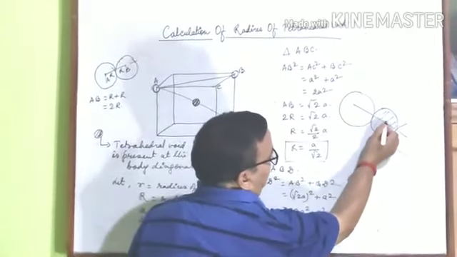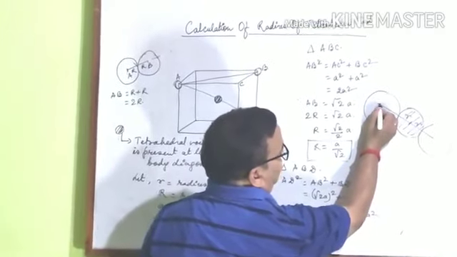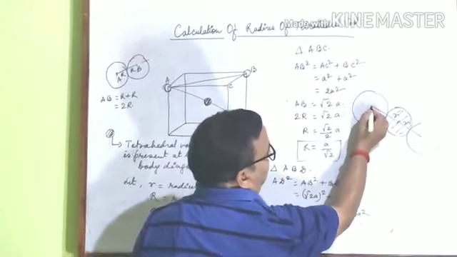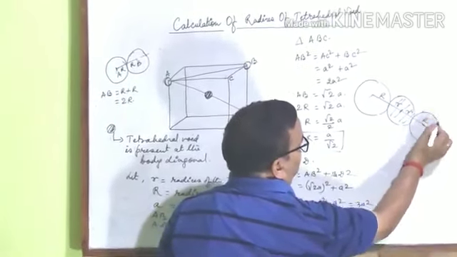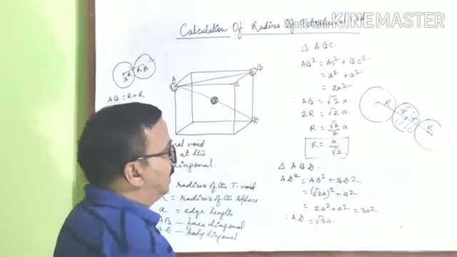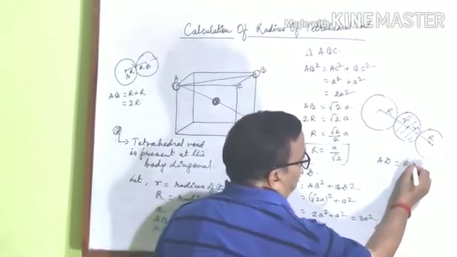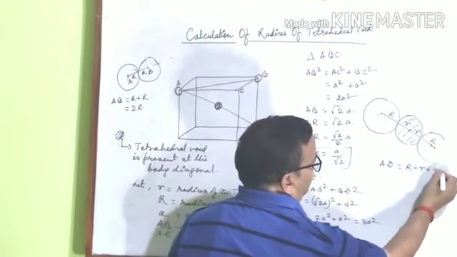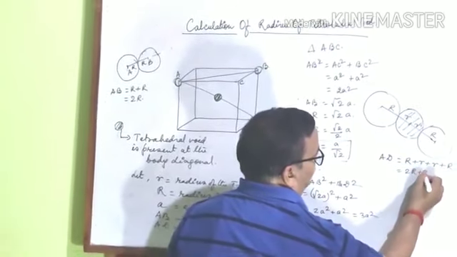Now the radius of this tetrahedral void is r, and the radius of this sphere is R, this one is also R. So AD will be equal to R plus r plus r plus R, that is 2R plus 2r.